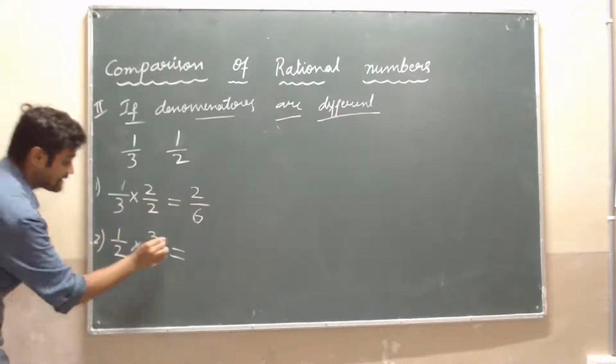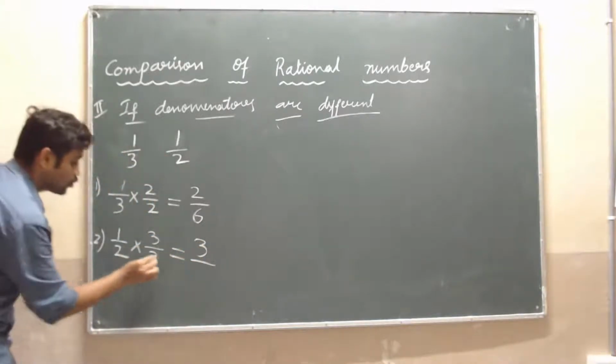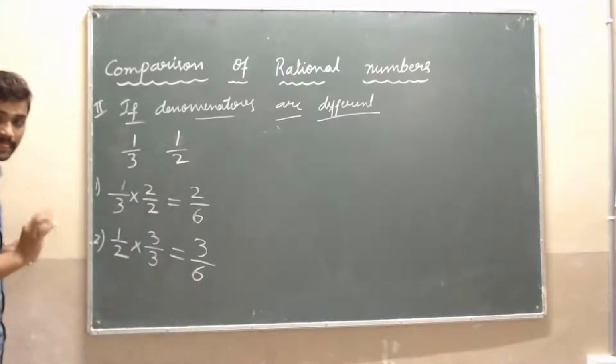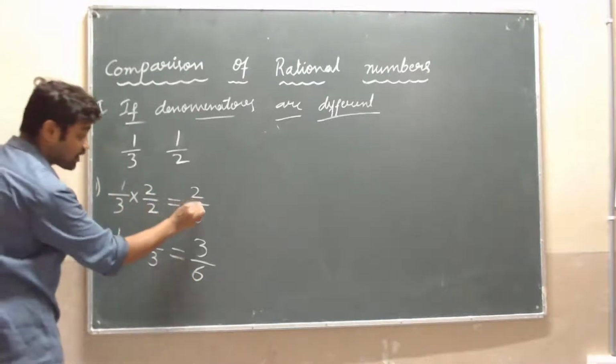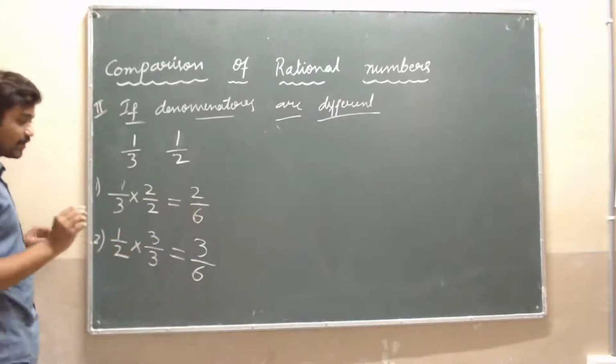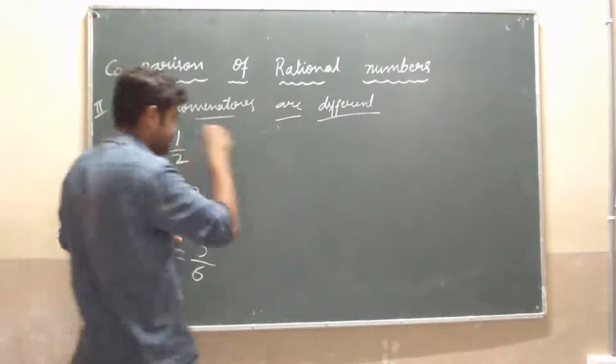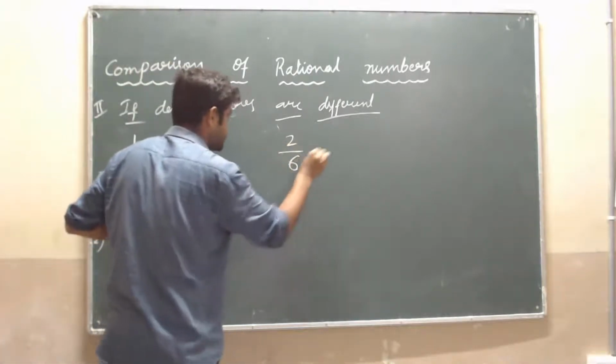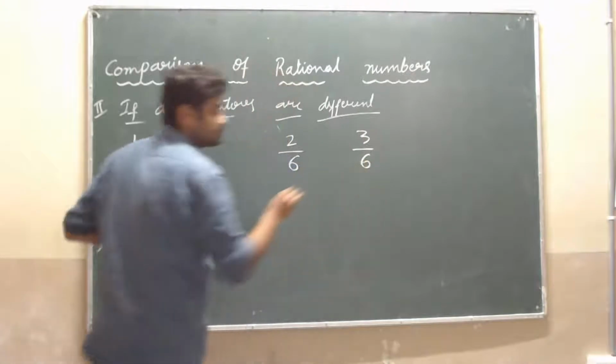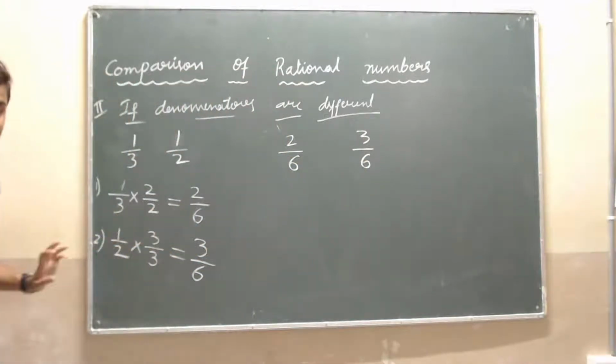Then 1 3s are 3, then 2 3s are 6. Again the answer: here two numbers have the same denominator. Then we can say that 2 by 6 and 3 by 6 are there.